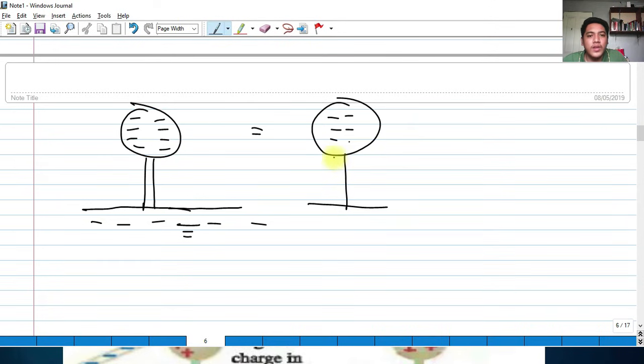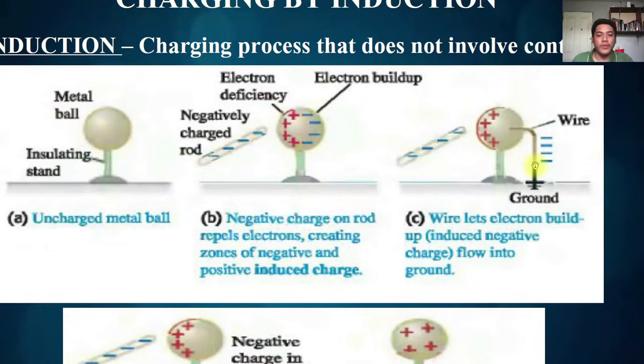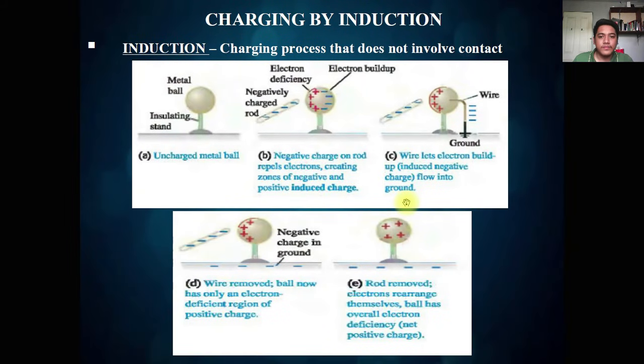This will now be our metal ball. So we have charged the metal ball as a negatively charged metal ball. So it's possible. That is the charging process.